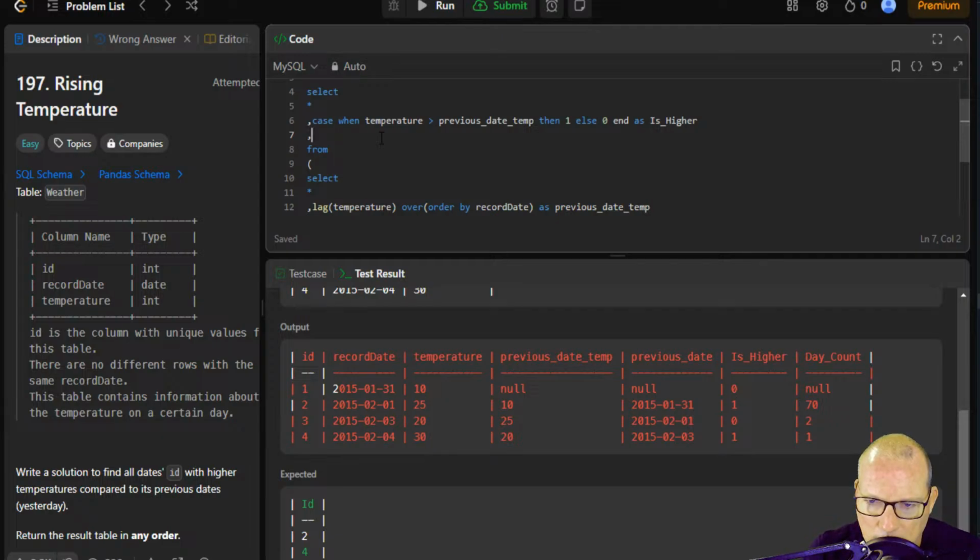So record date interval -1 as real previous day. All right.